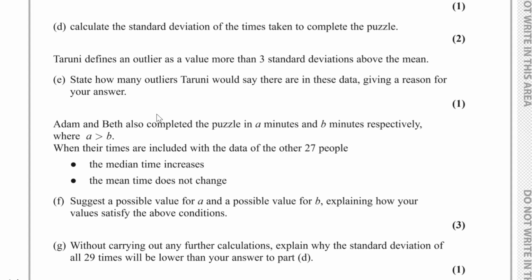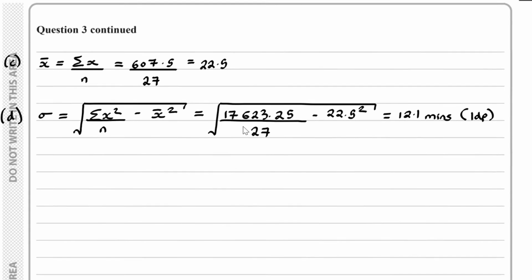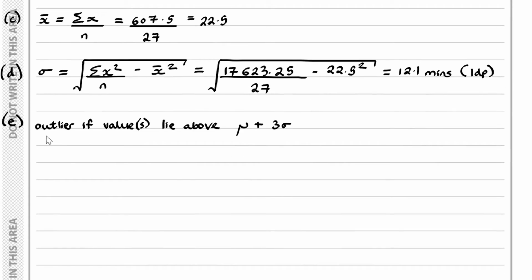Now, for part E of the question, Taruni defines an outlier as a value more than 3 standard deviations above the mean. And for part E, we have to state how many outliers Taruni would say there are in these data, giving a reason for your answer. So, first of all, we have an outlier if the values lie above the mean plus 3 standard deviations.